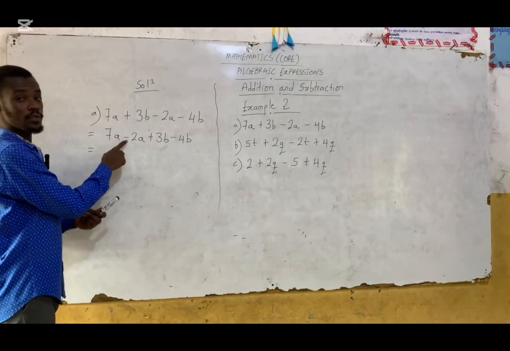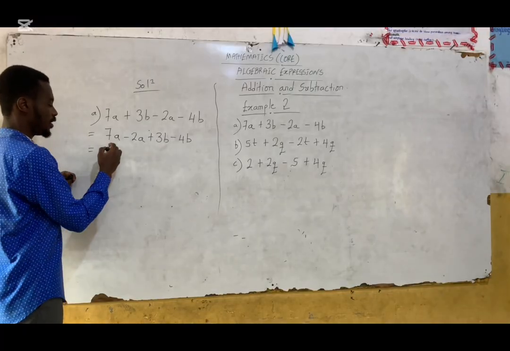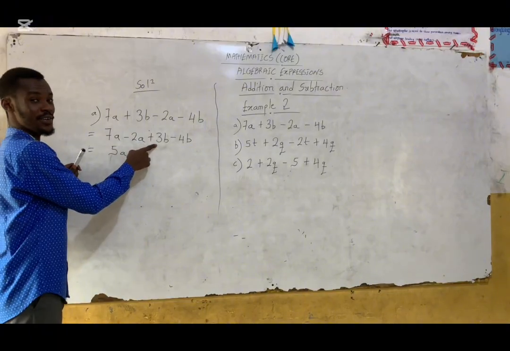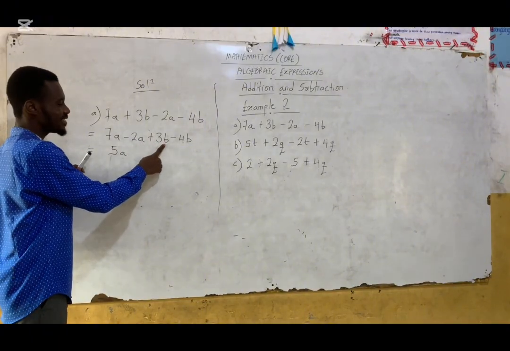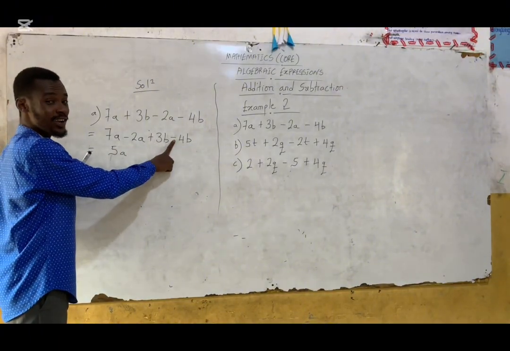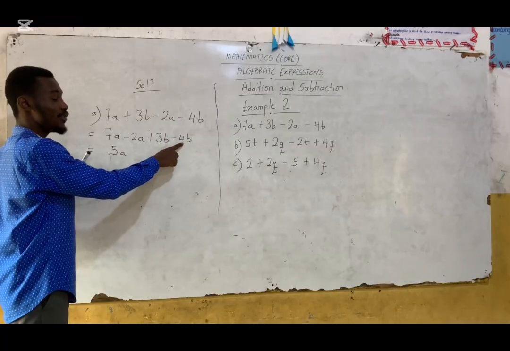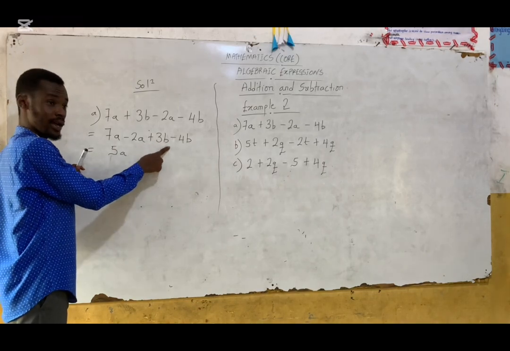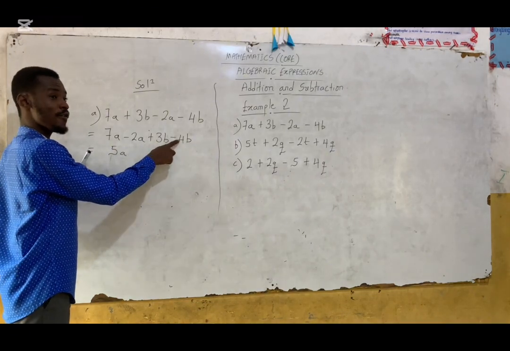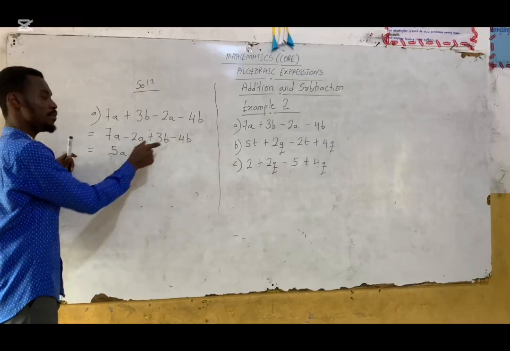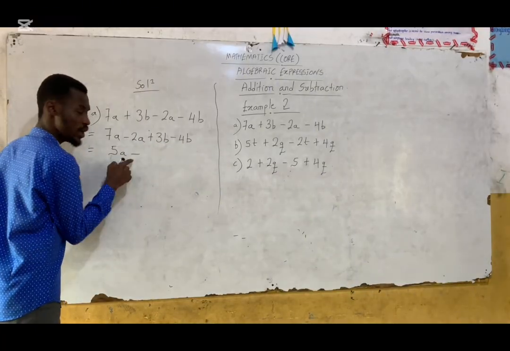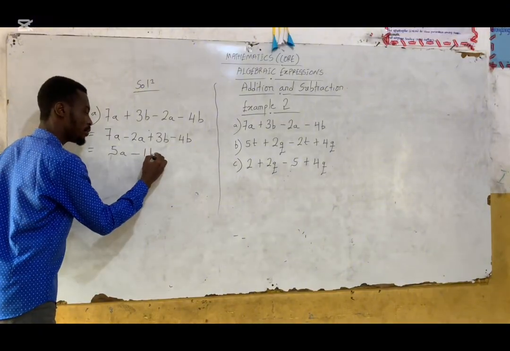7 apples minus 2 apples. You're having 5 apples. Now I have 3 bananas, and I owe 4 bananas. When I pay with the 3 bananas, I'll still be owing 1 banana.